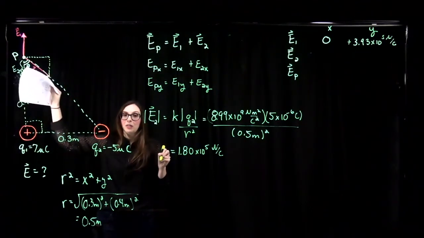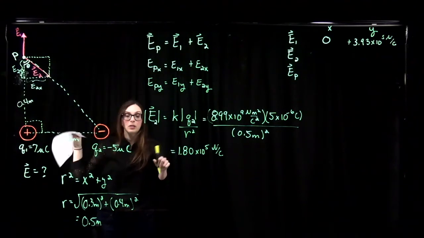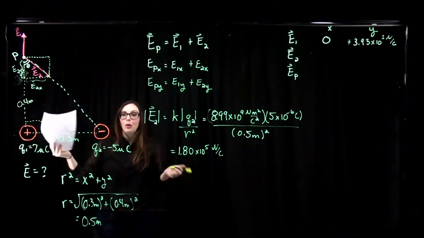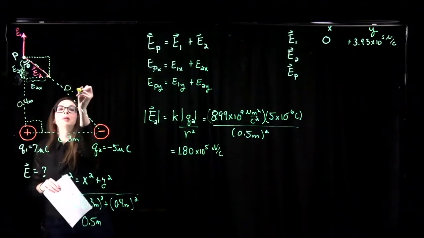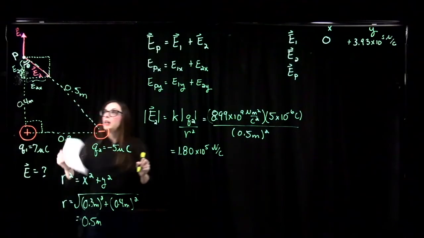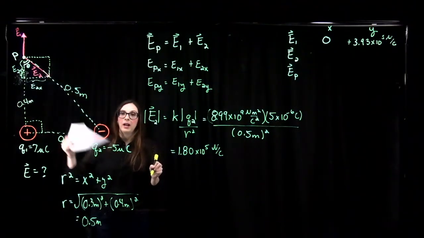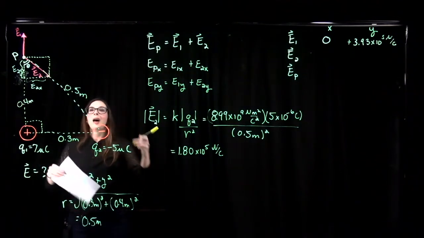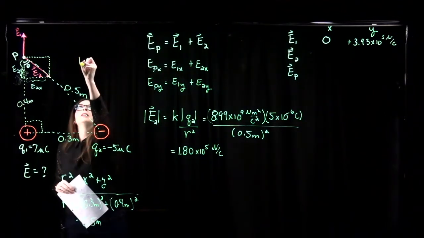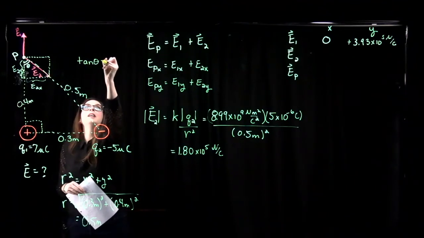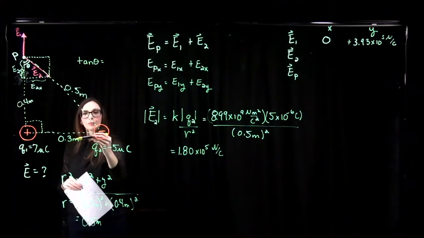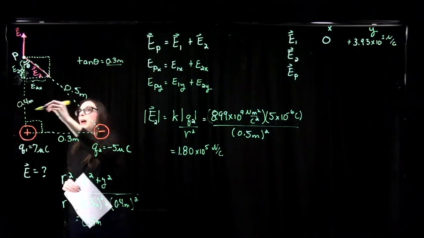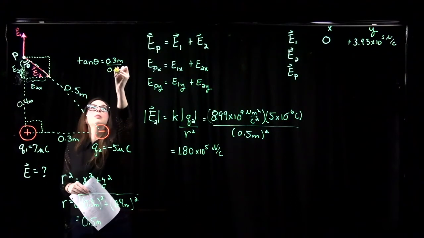To find that angle theta, I get to use sine, cosine, or tangent. I now know the length of all three of the sides of my triangle here. So let's use tangent to figure out what this angle theta is up here. Tangent of theta is equal to my opposite side, 0.3 meters, divided by my adjacent side, 0.4 meters.